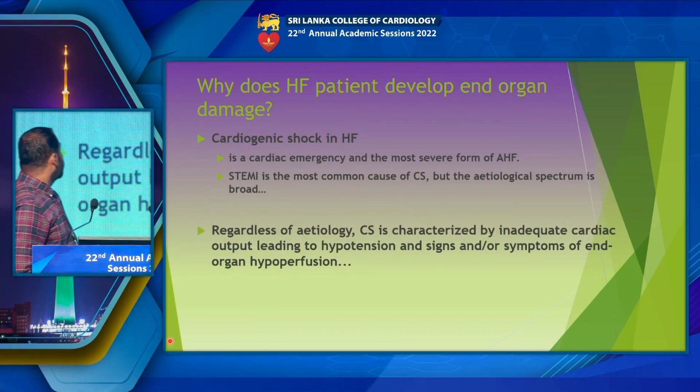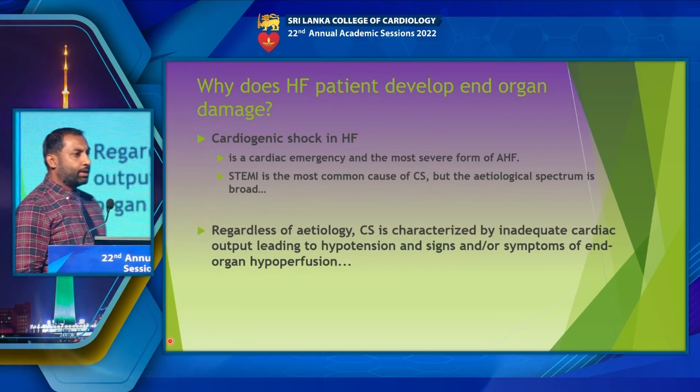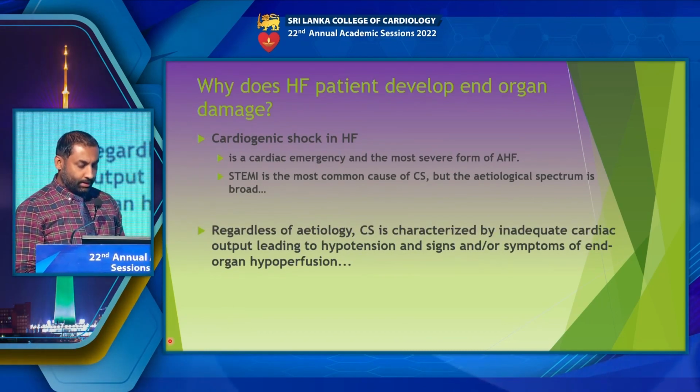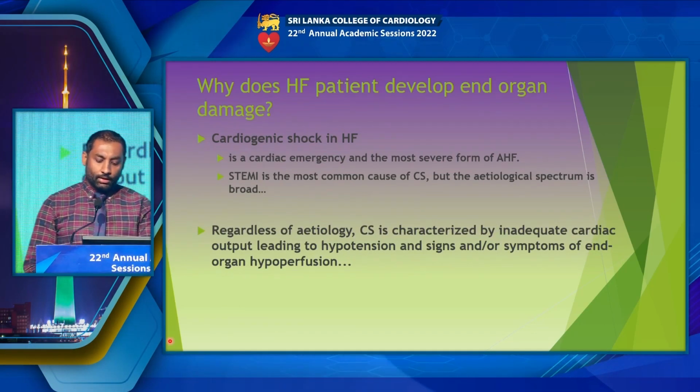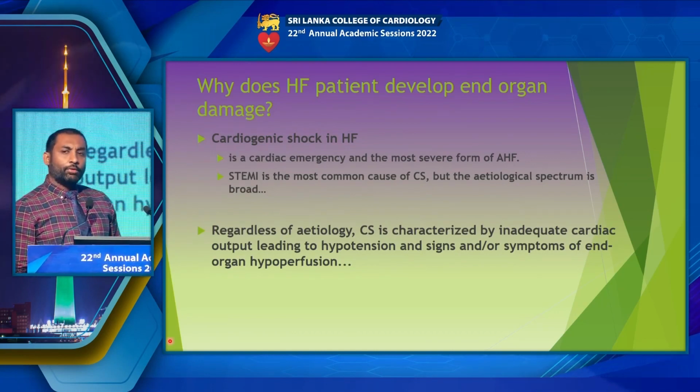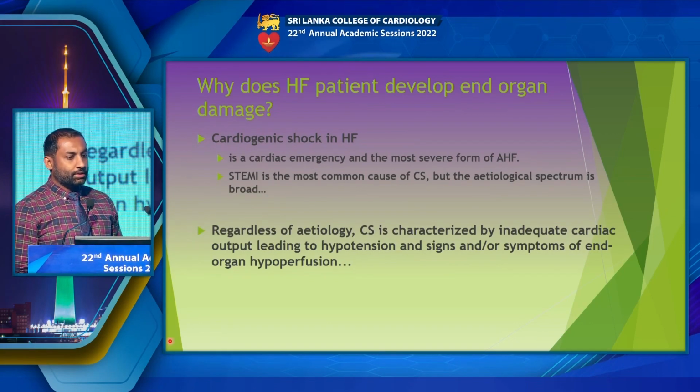Yeah, so basically, why do heart failure patients develop end organ damage? My topic is heart failure with end organ damage, with a special focus on kidney and liver damage. The basic principle of why these patients develop end organ damage is explained by cardiogenic shock.